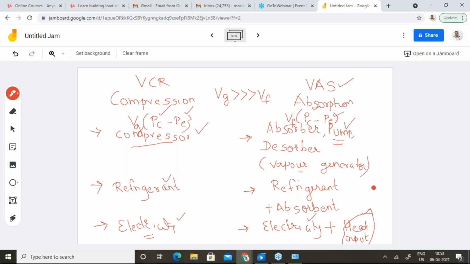The lower initial cost is the significance of vapor compression technology. We need to invest less money for the same capacity, whereas in an absorption system, the initial or capital cost is more. That is, we need to put in a larger amount of money for running the vapor absorption system.